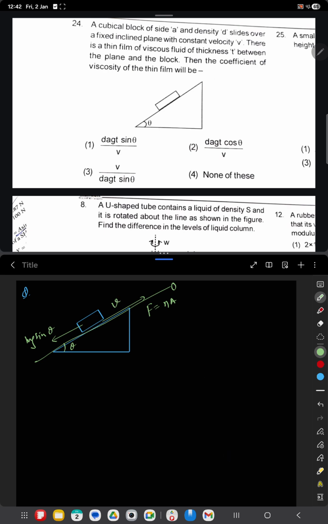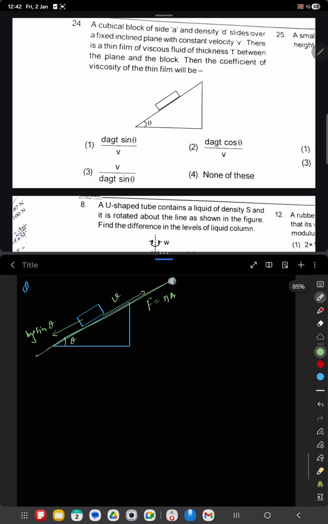The liquid film adjacent to this wedge is 0, velocity 0, because the wedge is fixed. So dv is v minus 0, and dy, the thickness, is T minus 0.